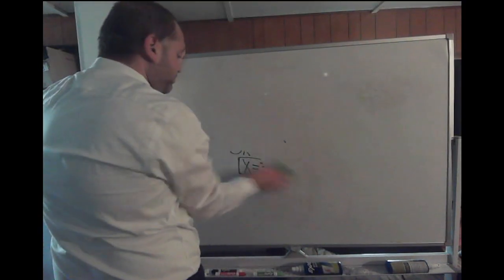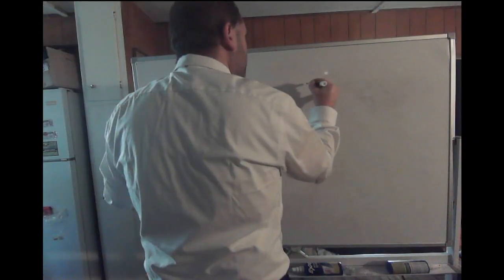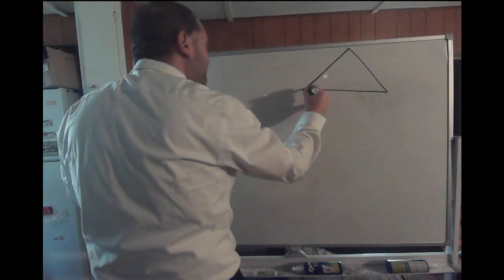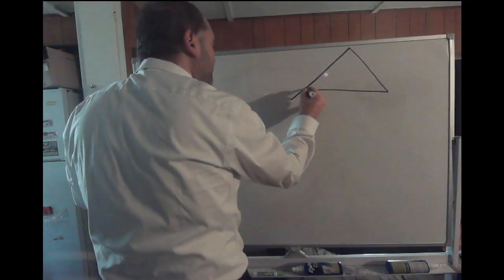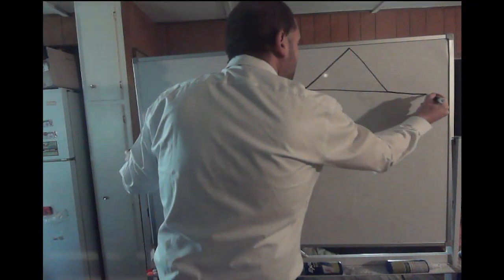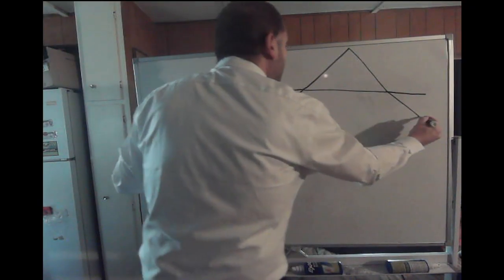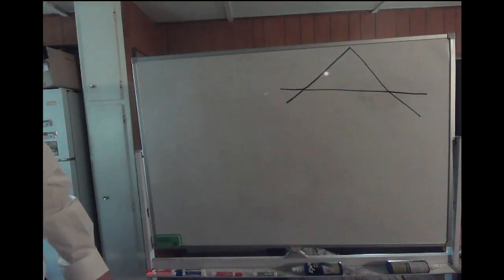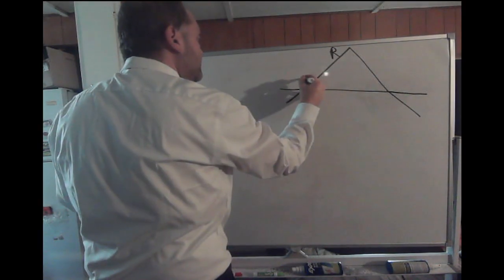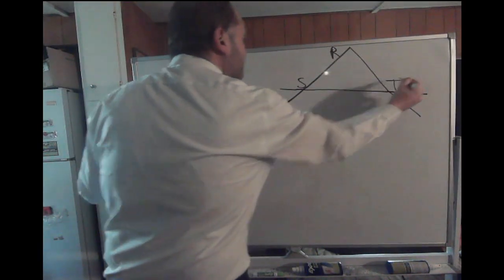Alright, now I have 4 proofs, which really shouldn't be that bad, to be honest. They won't be all that bad. So let's start with our first one here. This is angle R, these are RST for the triangle.